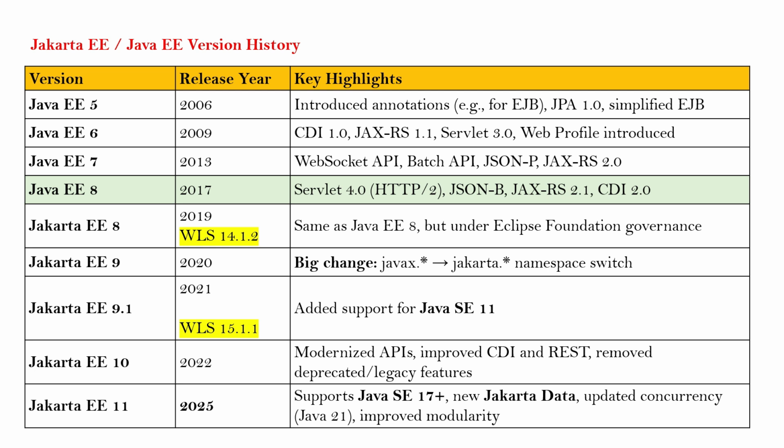Okay, so now if you see here, this is a complete version history of the Java Enterprise Edition, and then when it was transformed to Jakarta Enterprise Edition, and the subsequent releases of that. If you see here, Java Enterprise Edition started beginning from 2006, and then as I said, around 2017 or 2018, when it was Java Enterprise Edition 8, it was donated to the Eclipse Foundation, and then in 2019 they released the first Jakarta Enterprise Edition 8, which was the parallel version of the Java Enterprise Edition.